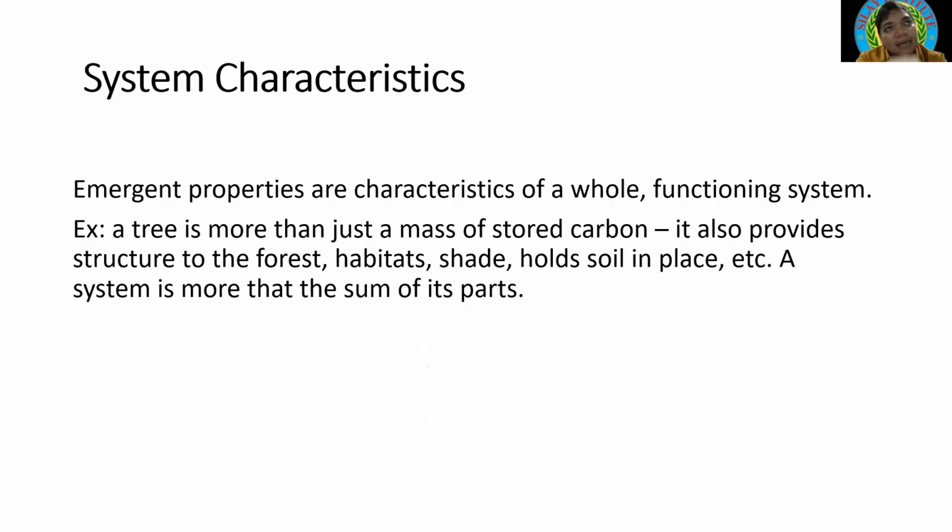We may not see it directly in other systematic bodies of knowledge, but it occurs most of the time. Emergent properties are characteristics of a whole or functioning system. For example, a tree is more than just a mass of stored carbon. It also provides structure to the forest, habitat, shade, holds soil in place, etc. A system is more than the sum of its parts.